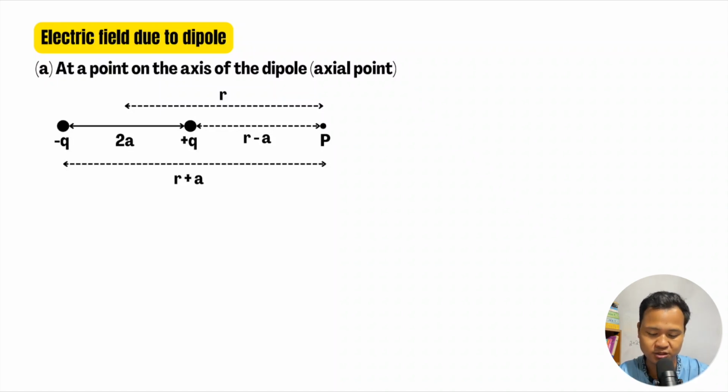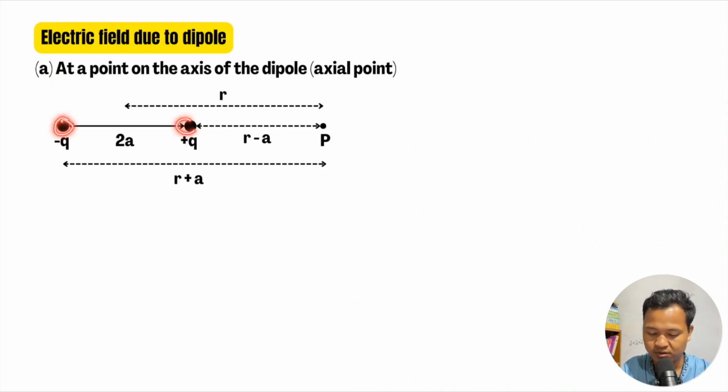In the question, sometimes they will ask for axial points, equatorial points, or some angle, where electric field or potential is required. That is a general point.